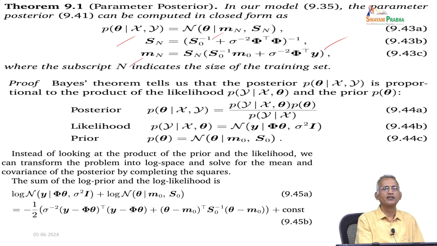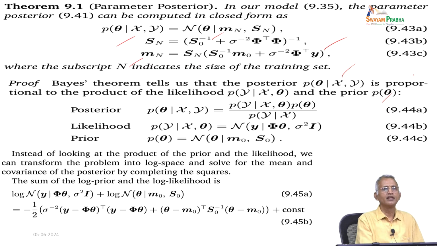Let this be 43 a, b, c. According to the Bayes theorem, the posterior p of theta given x comma y is proportional to the product of the likelihood p of y given x comma theta and the prior p of theta.